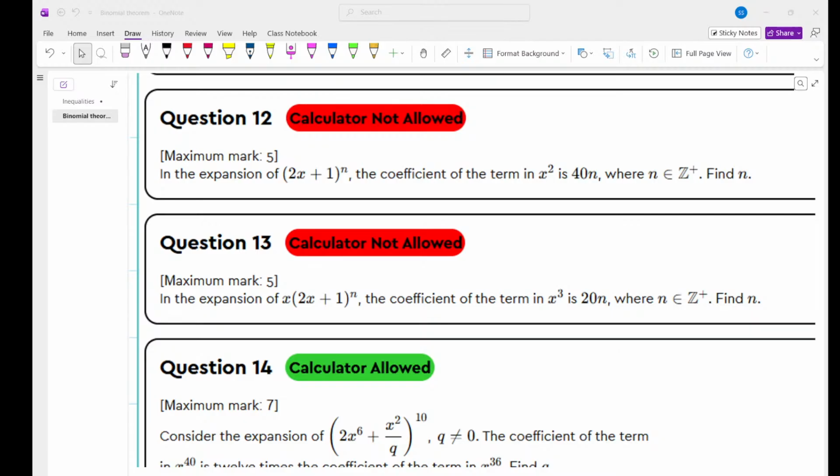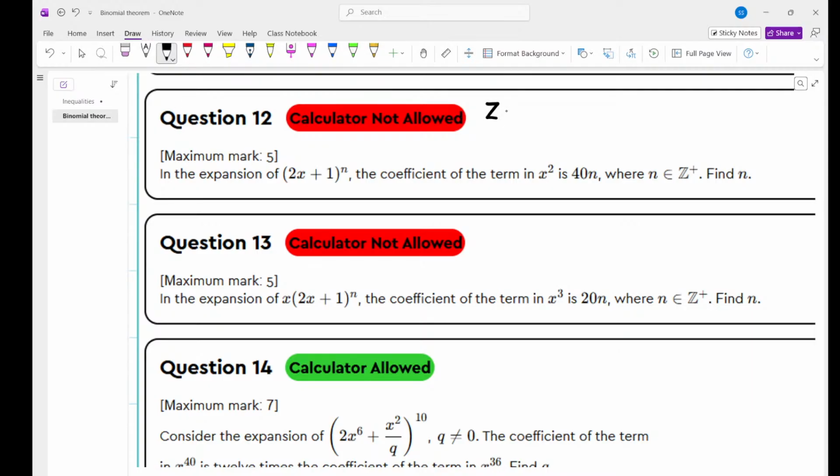Coefficient of x squared. What does z mean again? It's integers, and z plus means positive integers. It means 1, 2, 3 like this. 0 is neither positive nor negative. So you should write it somewhere again and again.